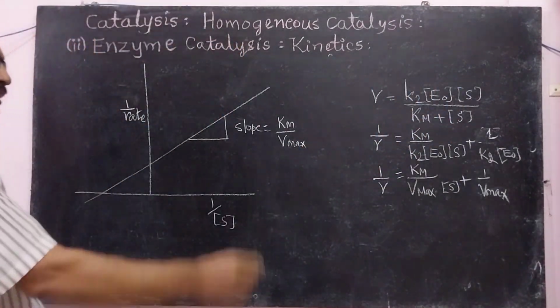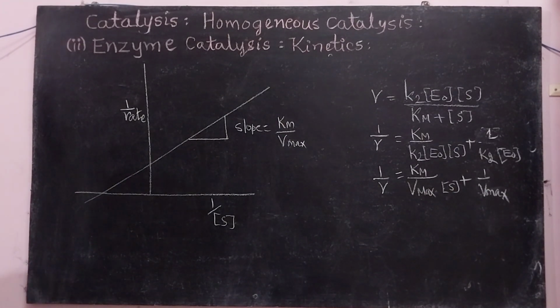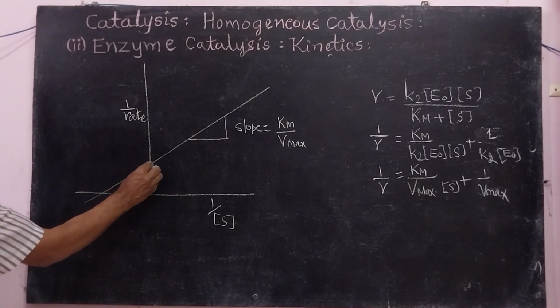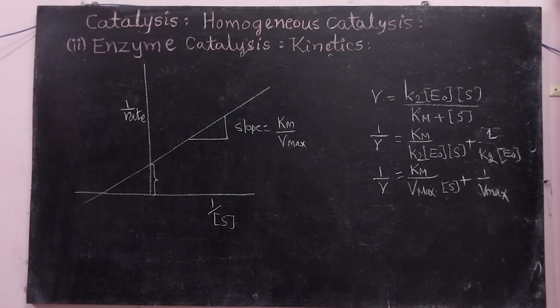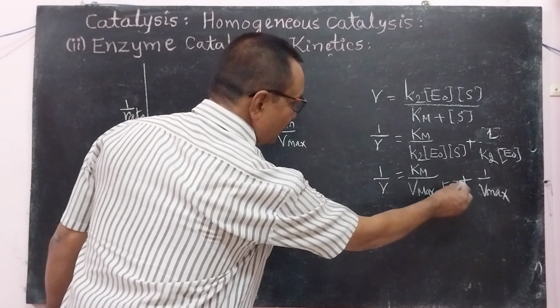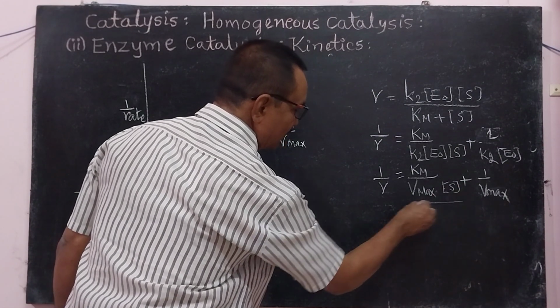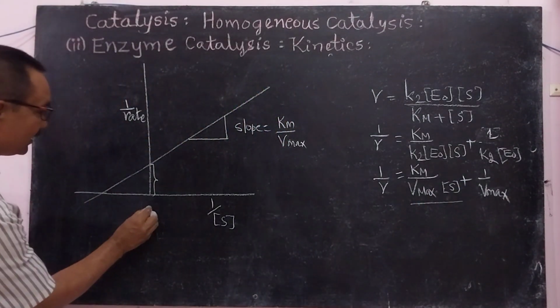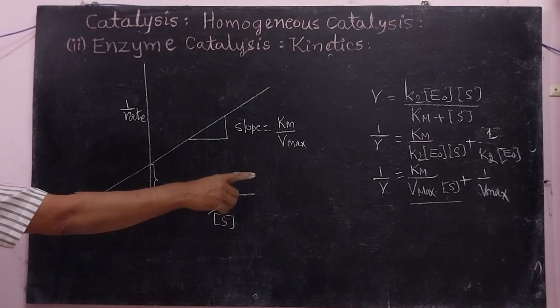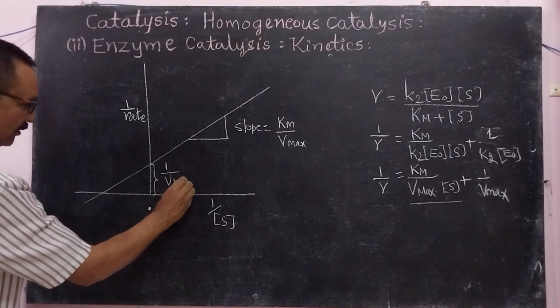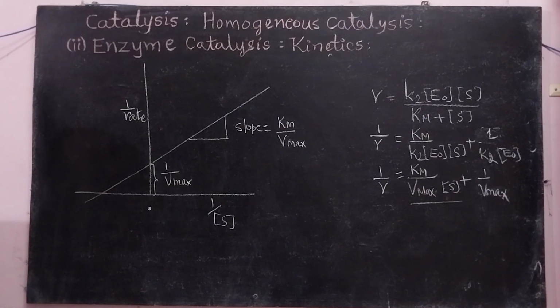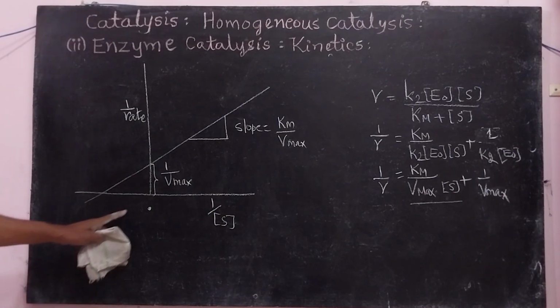If you know E0 and the slope, we can calculate K2. Then what about the Y intercept? The Y intercept is when this part becomes 0, and at this point it is equal to 1 divided by Vmax.